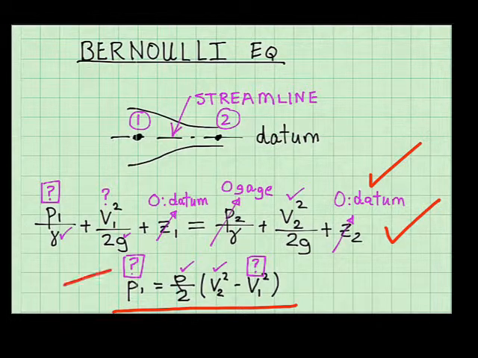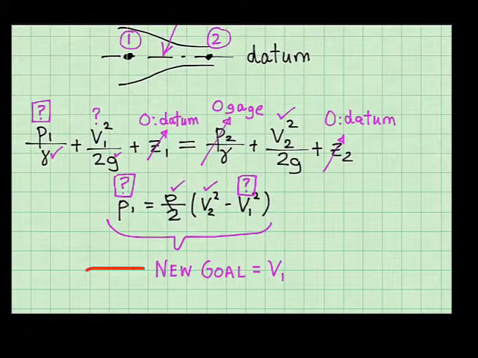And here's my goal, the pressure at section 1, and I know the density, I know the speed at section 2, and so my new goal becomes the velocity at section 1. So I've illustrated my thinking right here, and I have to ask what equation could I apply that gives me the velocity up here at section 1, and the easiest thing seems to be to apply the continuity equation, so V1A1 is equal to V2A2.